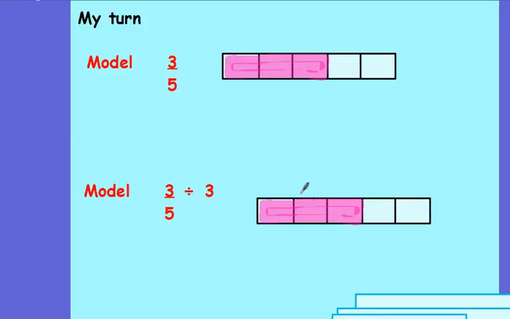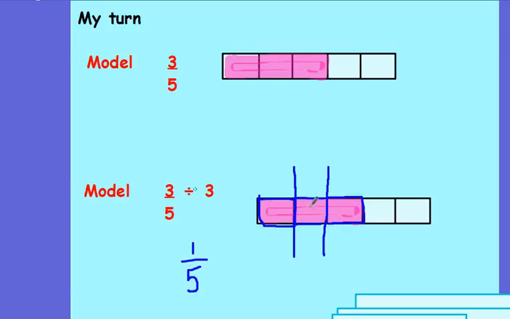I want to divide this by 3. To do this, I want to split it into 3 equal parts. So I'm going to divide it here, and I'm going to divide it here. So I've now got 1, 2, 3 parts, and each of those parts is 1/5.